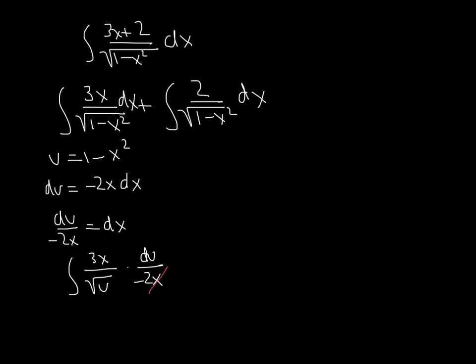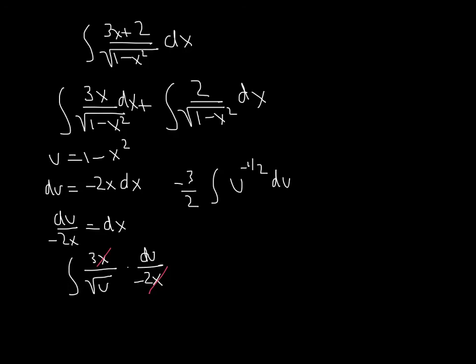And as we've seen several times, the x is going to cancel. And the 3 over negative 2, I'm going to bring that outside the integral. And so that's going to be negative 3 halves, the integral of 1 over the square root of u, which I'm just going to write as u to the negative 1 half du.